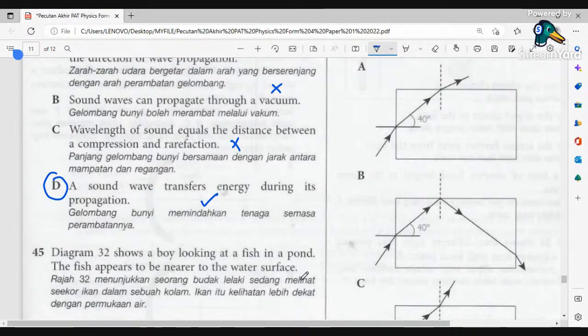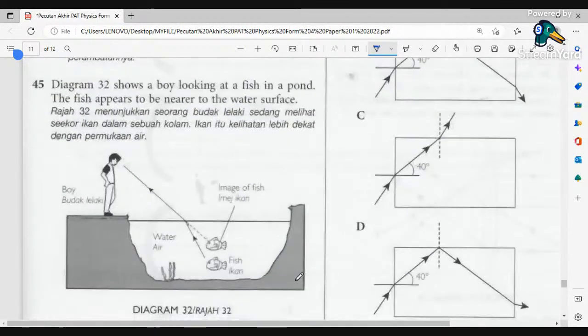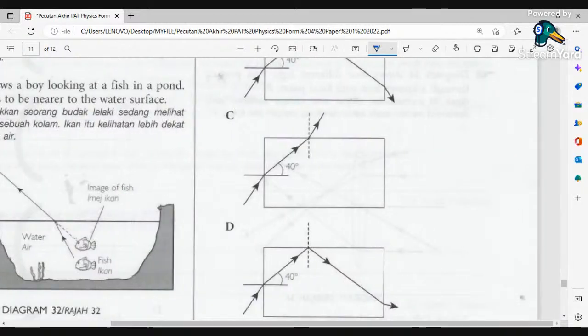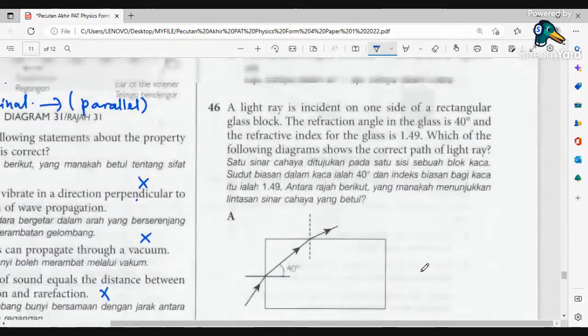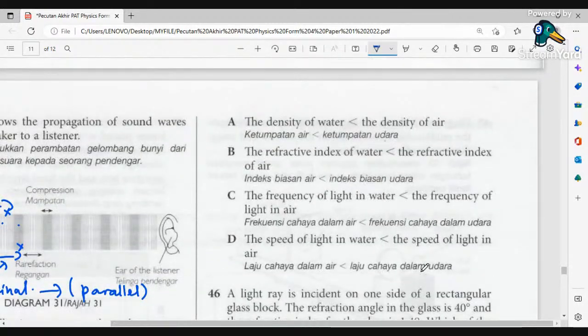45, a boy looking a fish in a pond. The fish appears to be nearer to the water surface. Okay, kenapa nampak nearer? Because he saw the image, not the real fish. This is due to refraction of light. Okay. Density of water less than density of air.